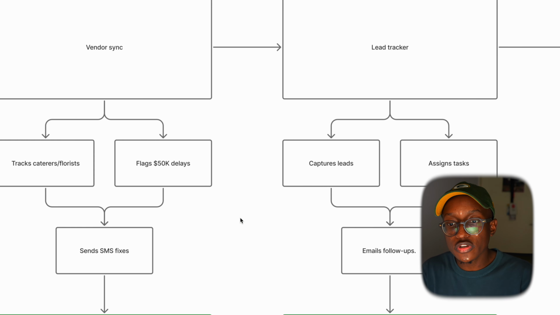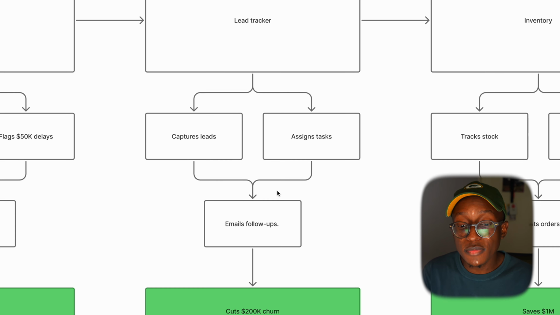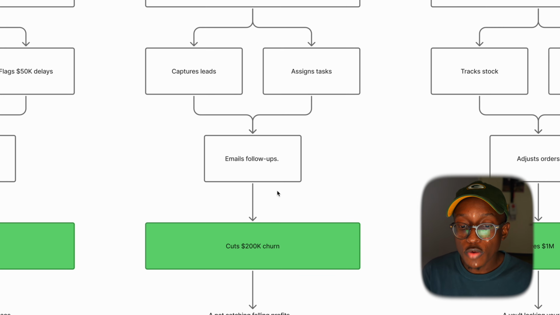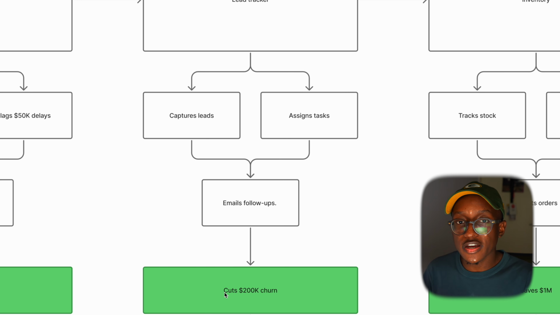And then we can look into the lead tracker system where we basically capture leads and assign tasks. With that, we run email follow-ups, like I mentioned before, which ultimately cuts 200K in churn, which is similar to a net catching falling profits. Because most of the time, what people want is to be heard.